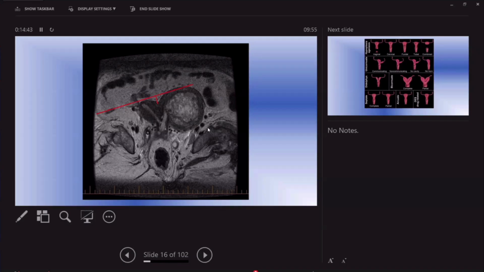So the differential diagnosis for an endometrial-based lesion is not much. I used to mention it when I gave you the teaching before, but whenever you have an endometrial thickening, regardless of whether you're seeing it on ultrasound or MRI, you have about 6 to 7 differential diagnoses. You have to think about endometrial polyps.